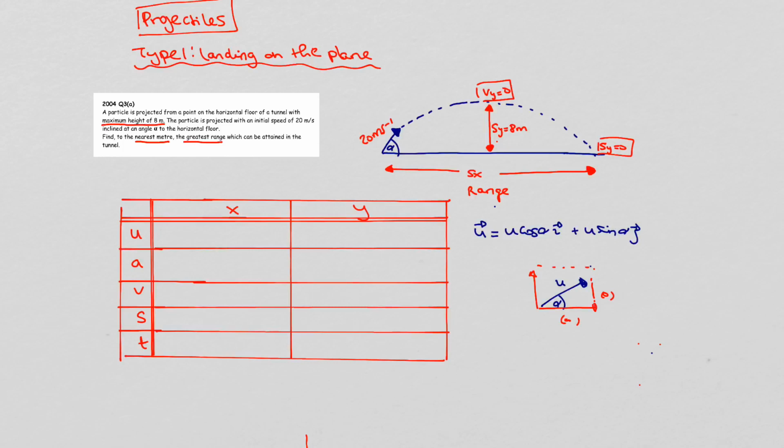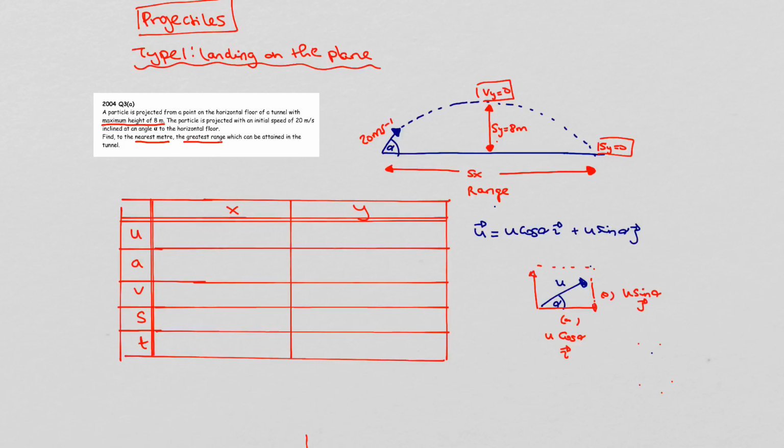And the opposite is always U sine alpha, and the adjacent is U cos alpha. So of course this is the I direction for cos and the J direction for sine.